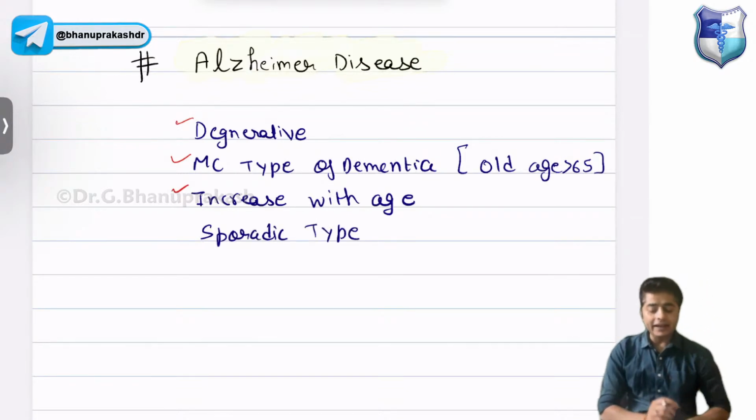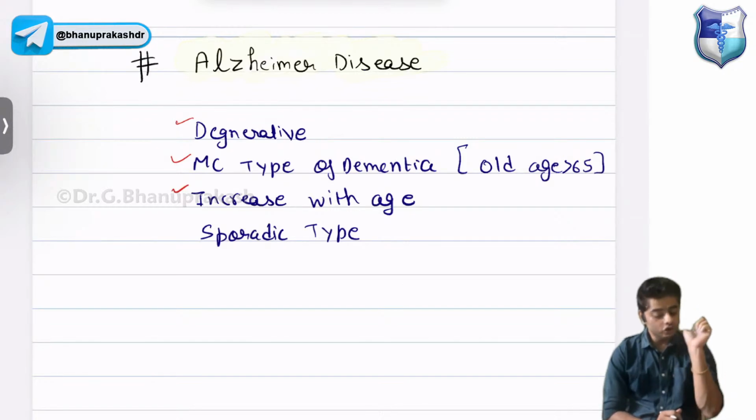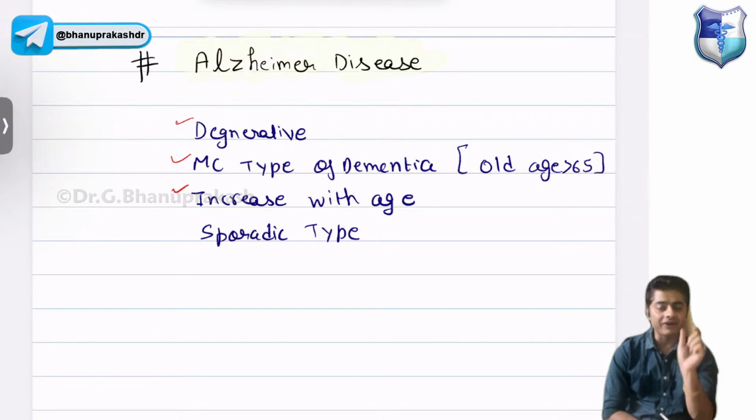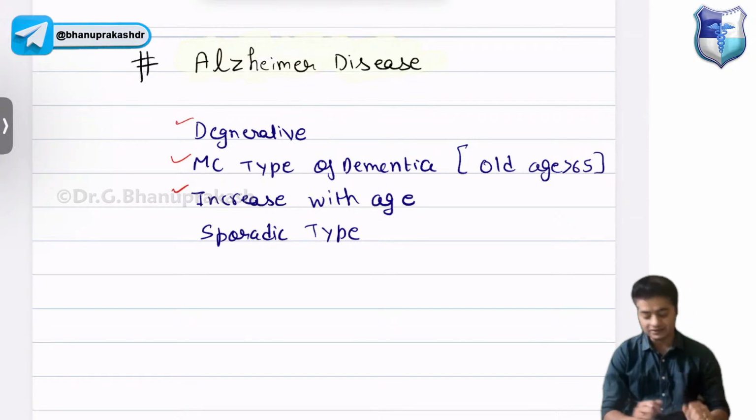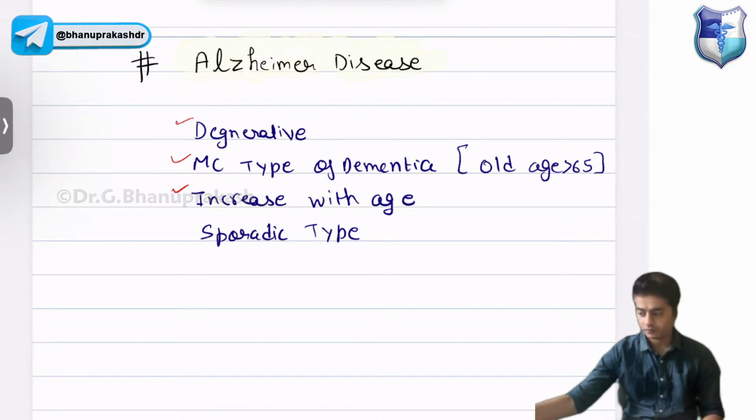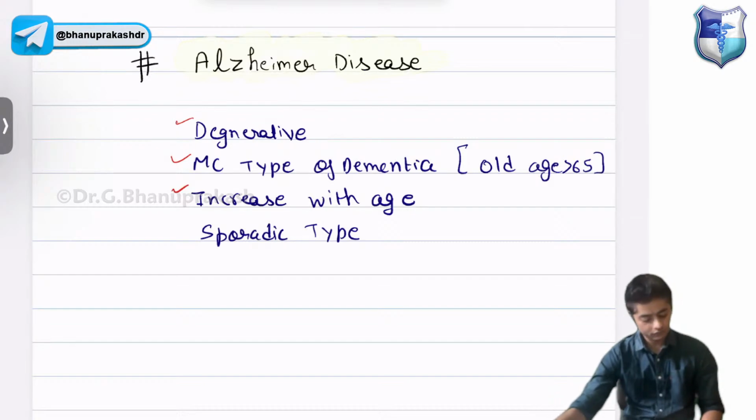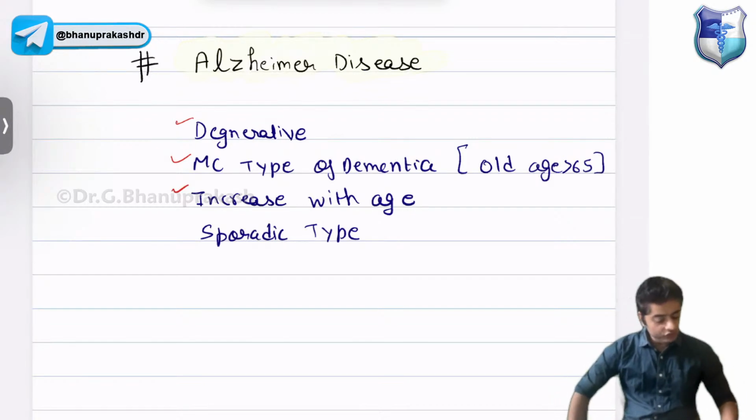Now, can anyone tell me which lobes of the brain are affected in Alzheimer disease? Which lobes of your brain are affected in Alzheimer disease? Anyone?